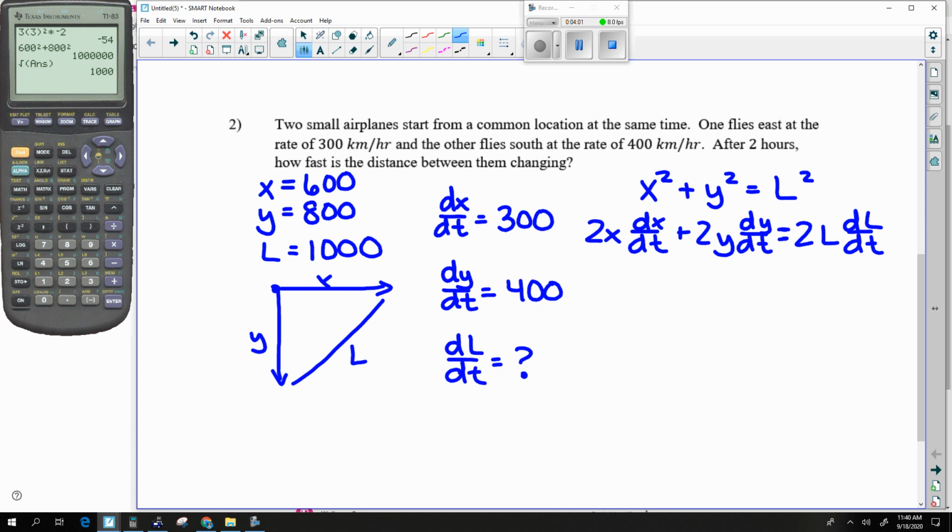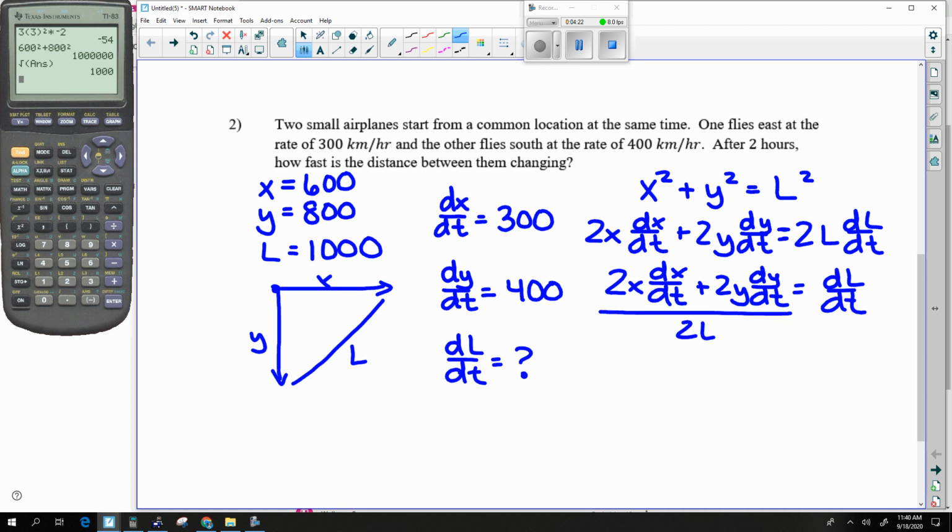That is my setup, and I am solving for dL/dt. I usually don't do this, but I'll do one cleanup step. I just divided out the 2L, and everything happened to have a 2.